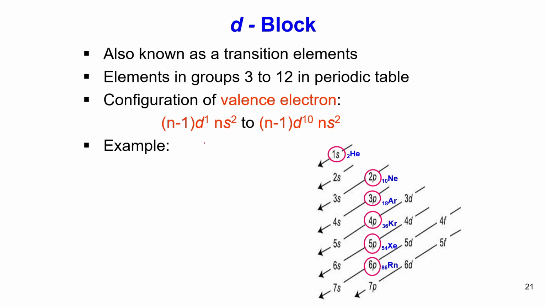So remember for d orbital, the lowest d orbital that exists is when n equals 3.